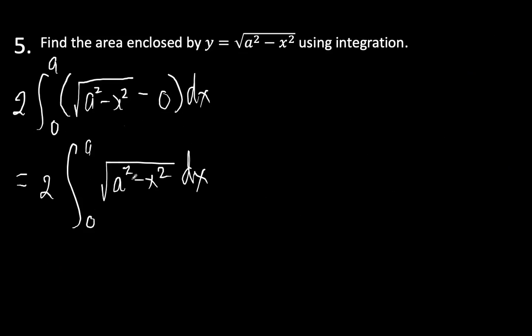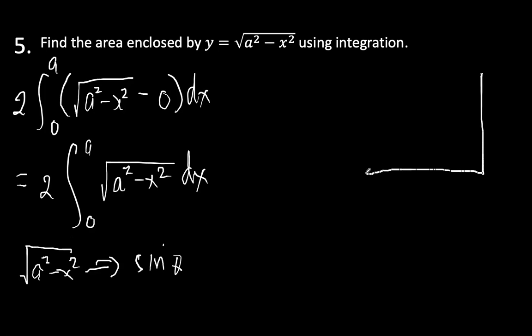Now, if we analyze the given integrand, this is in a form where we can use trigonometric substitution to solve the integral, and we can use our guide under the expression a squared minus x squared. Using the guide, we can use sine theta here. But let's verify that. Let's use a right triangle again, and this is our theta.